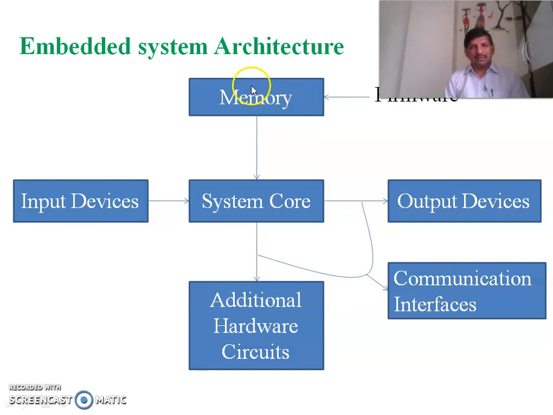The secondary memory devices are masked ROM or one-time programmable read-only memory or erasable programmable read-only memory or electrically erasable programmable read-only memory or flash memory or non-volatile random access memory.